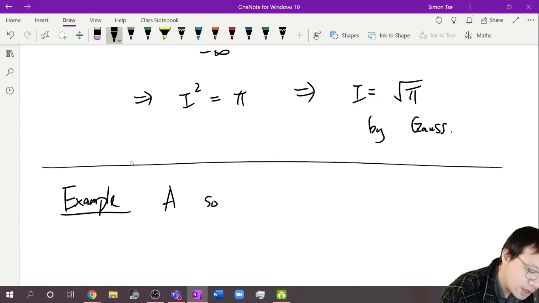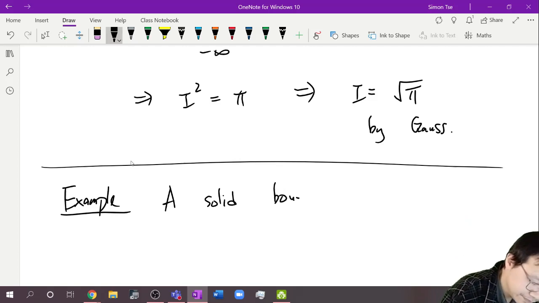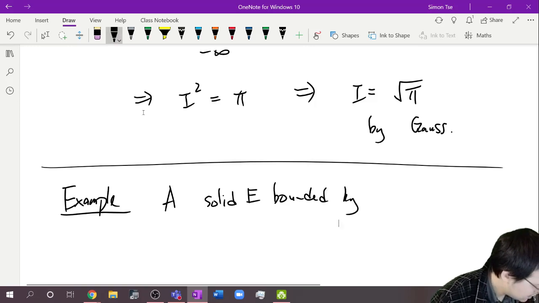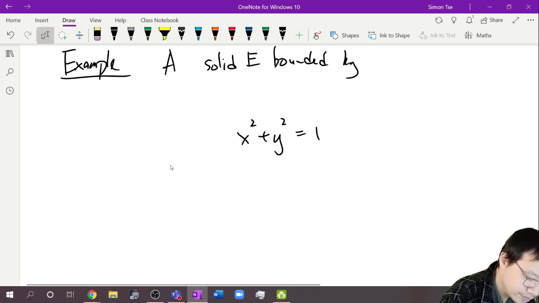So now I have a solid, let me call it E, a solid E, bounded by these equations. You have a cylinder, and you also have a plane.